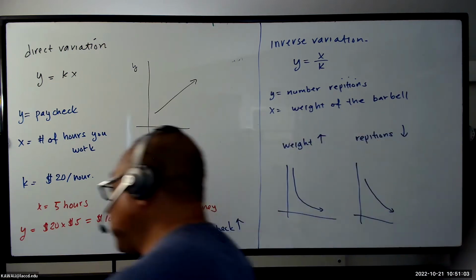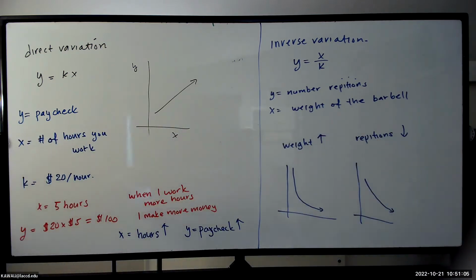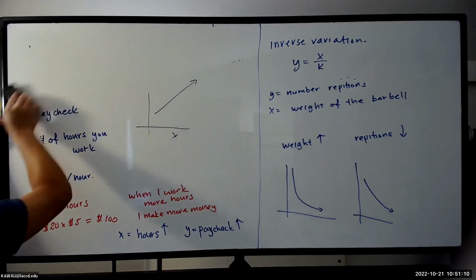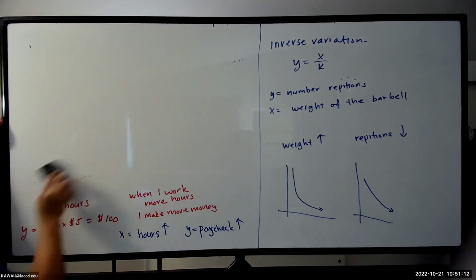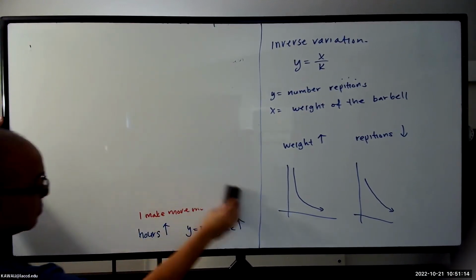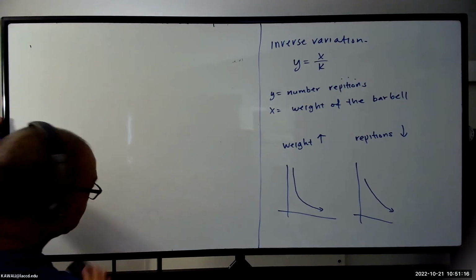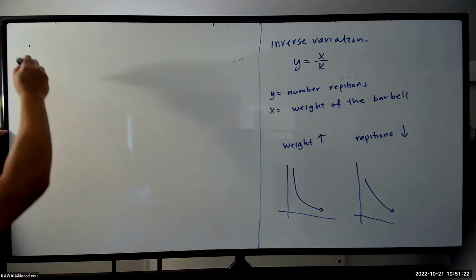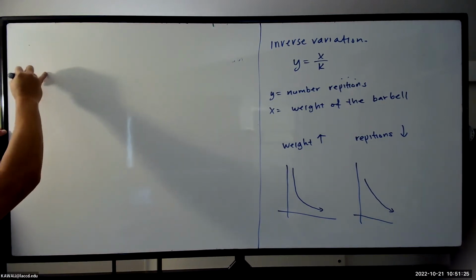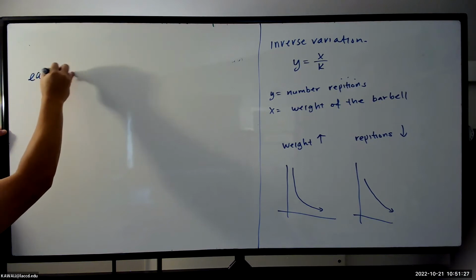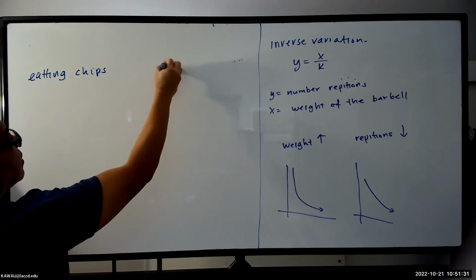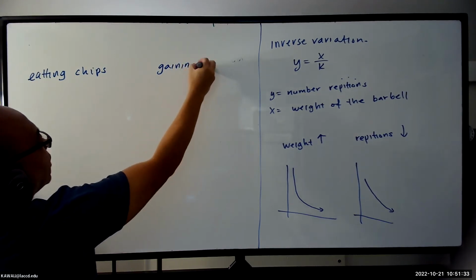Okay, so let's do some examples of direct or inverse variation. Let's say we do something like eating chips, gaining weight.